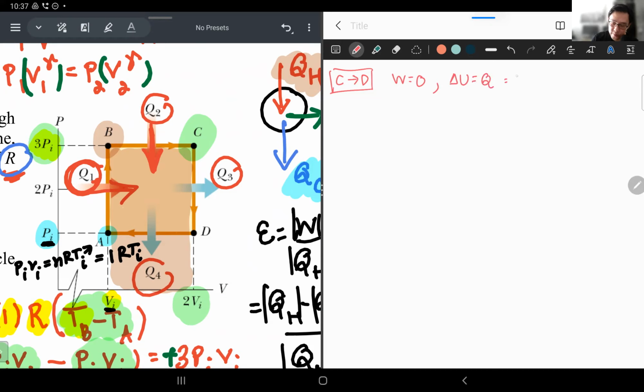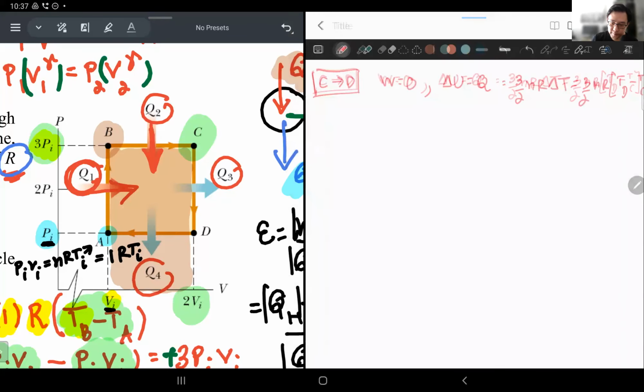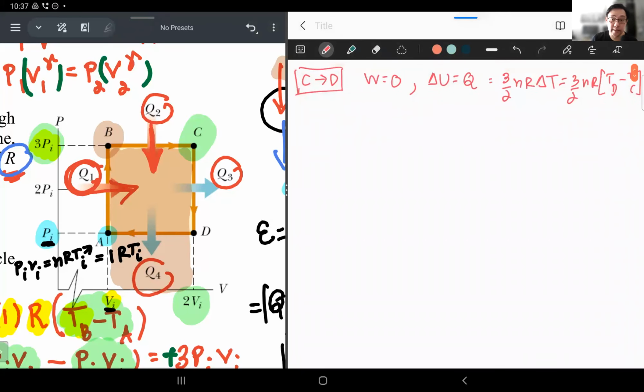And that is going to be 3/2 N R delta T. It's going to be 3/2 N R, with T final at point D and initial point C. Then use once again the equation of state.